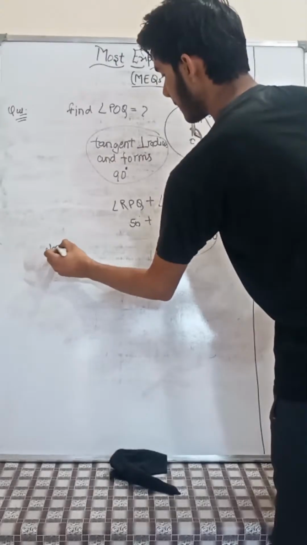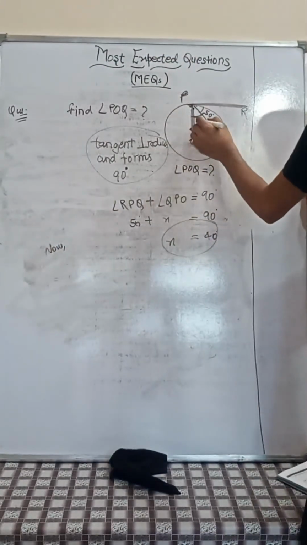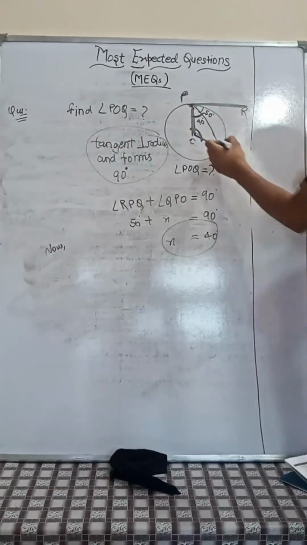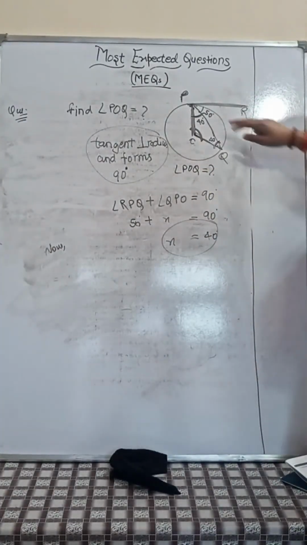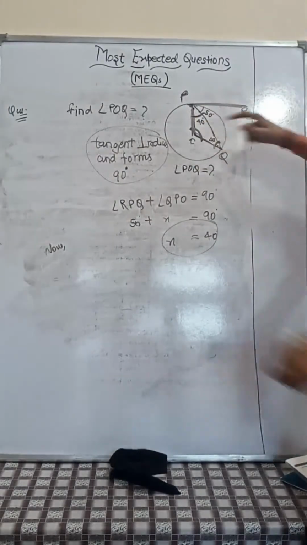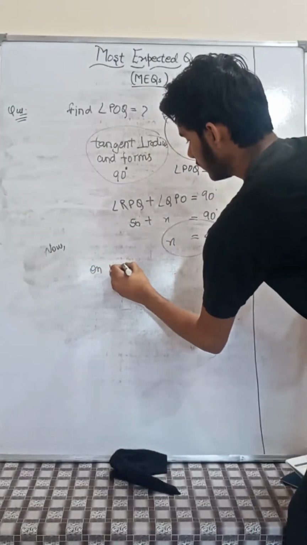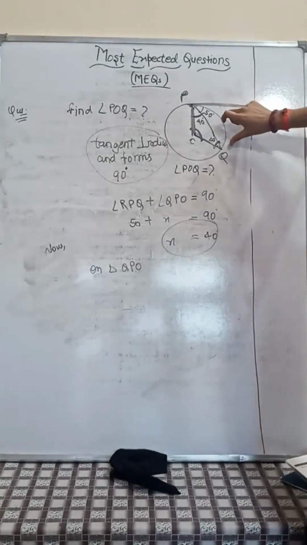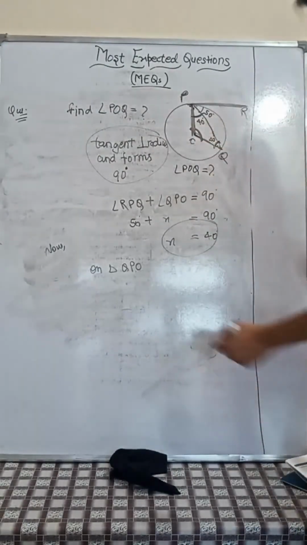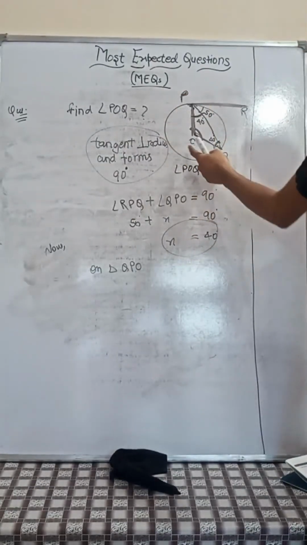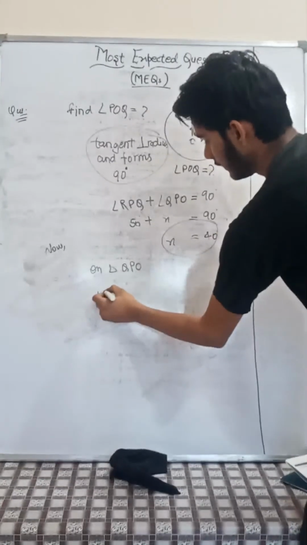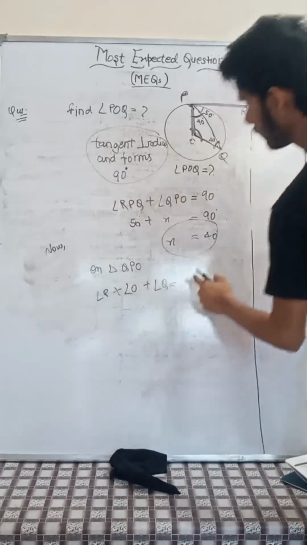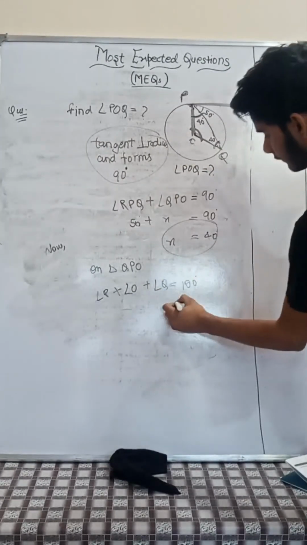Then this angle is 40. When this angle is 40, then this is also 40. Now in triangle QPO, let us apply the angle sum property: angle P plus angle O plus angle Q equals 180 degrees.